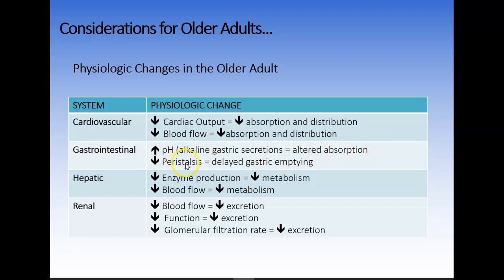Their peristalsis decreases, which delays gastric emptying. In their hepatic system, enzyme production is lower and blood flow is lower, which means lower metabolism. And in their renal system, blood flow is lower and their GFR and kidney function are lower, which means lower excretion.